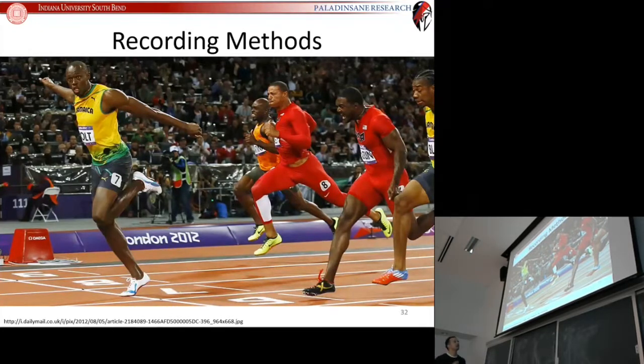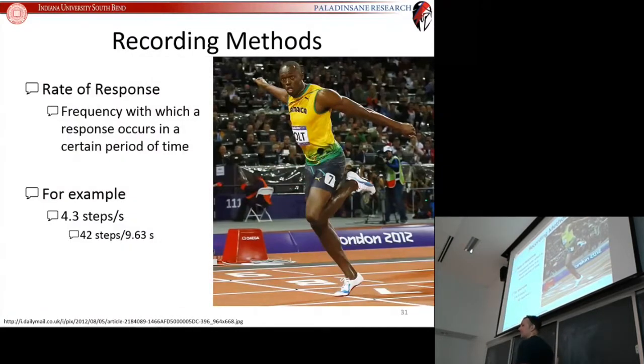Incidentally, just to understand the insane awesomeness of this human being, he did it in 9.63 seconds. There's only 12 human beings in recorded history that have run the 100-meter dash in 9.81 seconds or less, right?